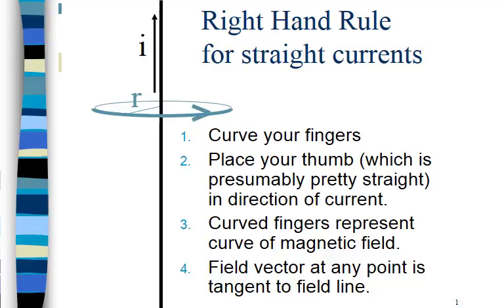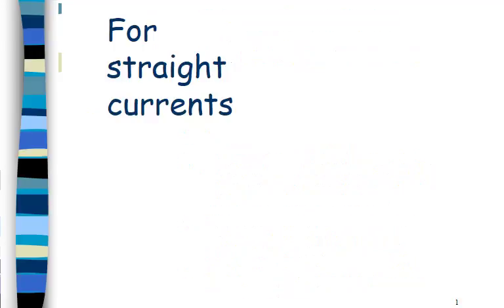Let's say we've got that. The field is doing something like this. It's going into the page on the right-hand side, out of the page on the left-hand side. In front of the wire, it's going to the right. Behind the wire, it's going to the left. And it loops around like that. So hopefully you can picture that. We'll get a little bit of practice here with that too.